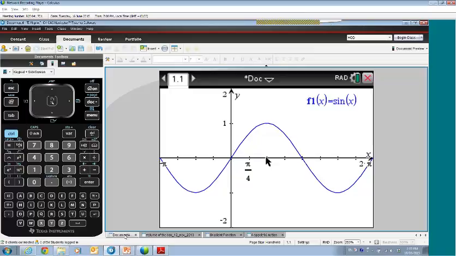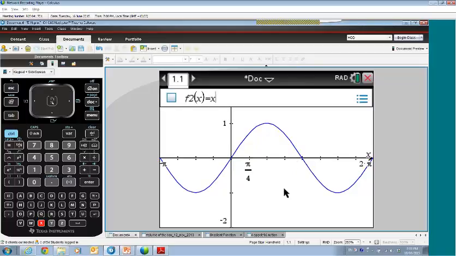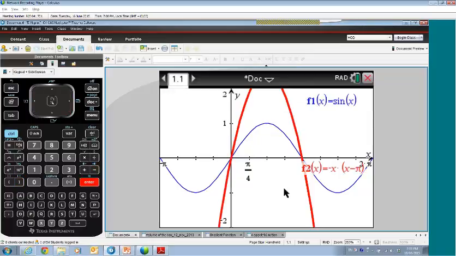That was handy. So if I want it to cross through the x-axis at the same points as my sine x graph, then dare I say it'd be x times x minus pi. Well, to save us some time, we know that it's going to be upside down, so let's do that.